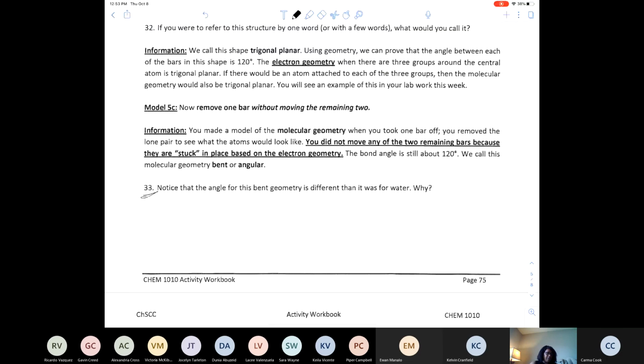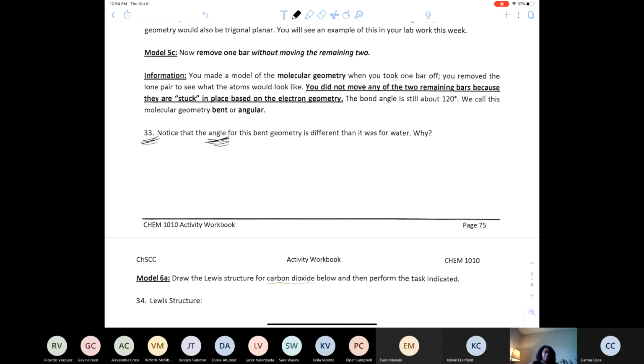So for question 33, the angles are different. And the reason why is that the central oxygen atoms of those molecules have a different number of total groups, and they have a different number of lone pairs on that central atom. That is what gives you the different bond angles.